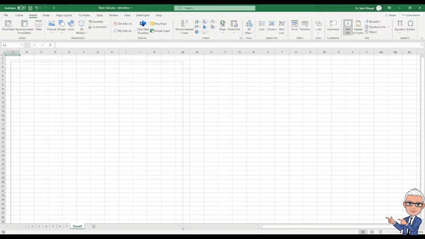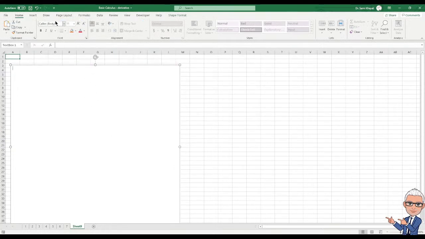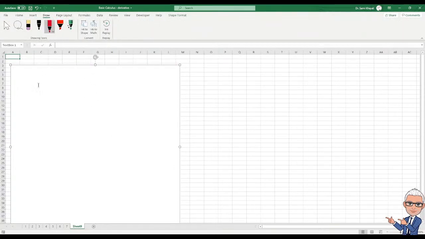Let's write. I have y equals x squared times (3x plus 5) cubed.